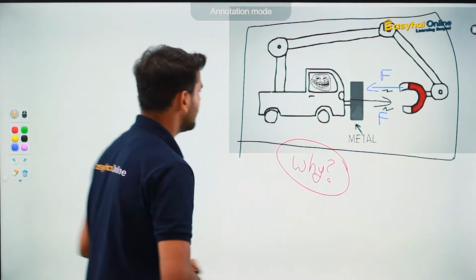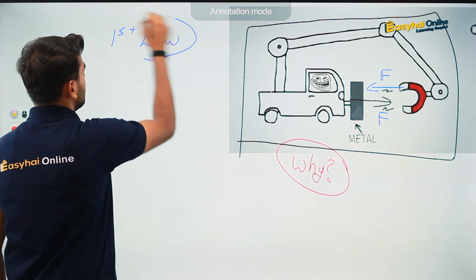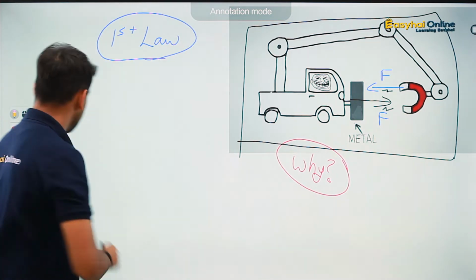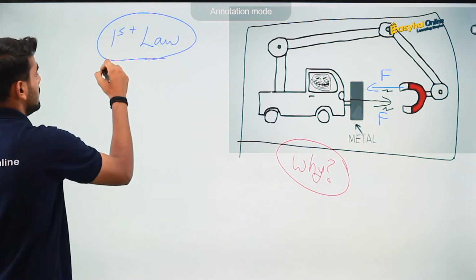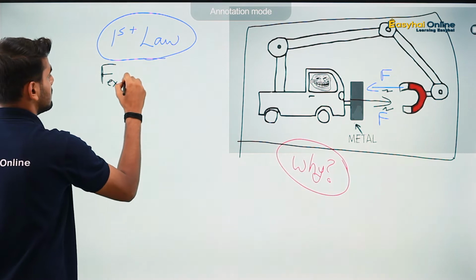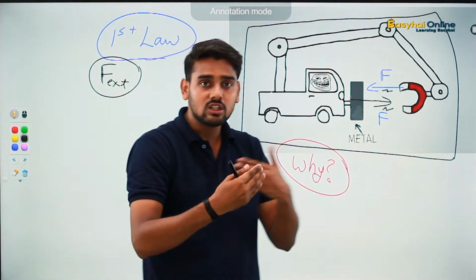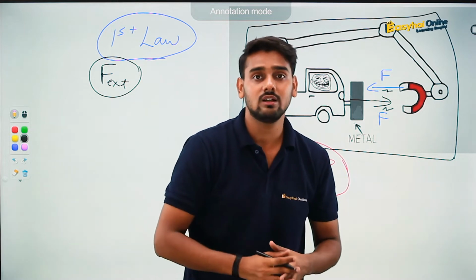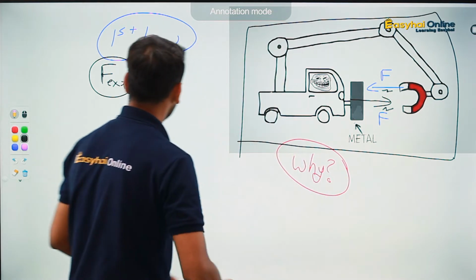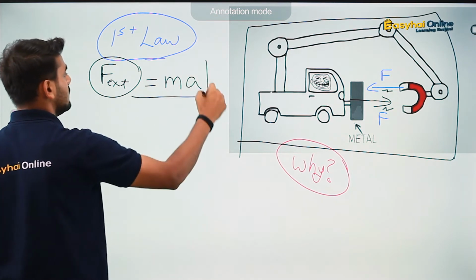And from Newton's first law, we have understood that if there is motion, that motion is only going to be due to the external force, F external. Only an external force brings about any change in velocity or acceleration, which in Newton's second law we learned is equal to the mass times acceleration of the object.